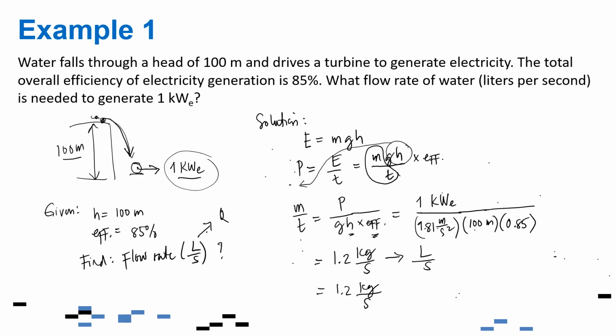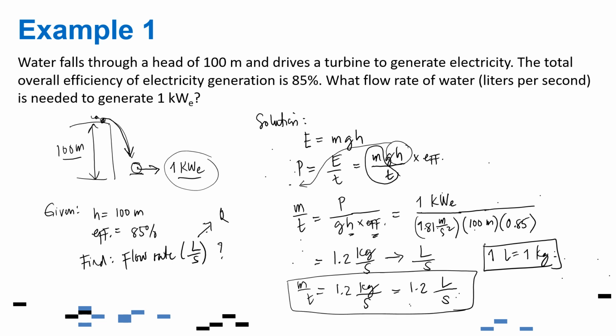So 1 liter of water is equal to 1 kilogram. Please check if this is actually correct. So in this case, our answer should be 1.2 kilograms. Oh no, 1.2 liters per second. So that is our result now for Q. This is m over t, or the volume flow rate.